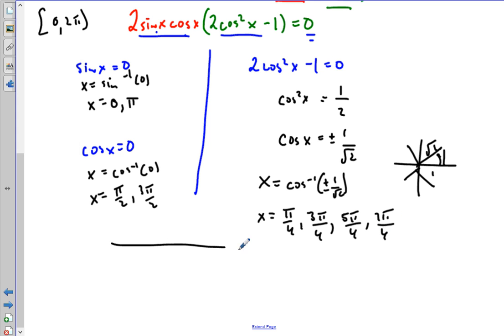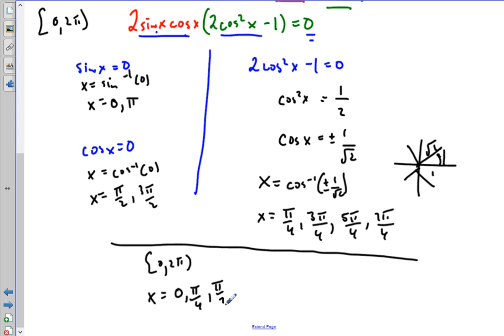And so from here, we can identify all of our solutions from 0 to 2 pi for x. We can write them all out. We have 0, pi over 4, pi over 2, pi. Well, I forgot 3 pi over 4 right there. I didn't put them in order. Then we have 5 pi over 4, 3 pi over 2, and then 7 pi over 4 for our final answer.